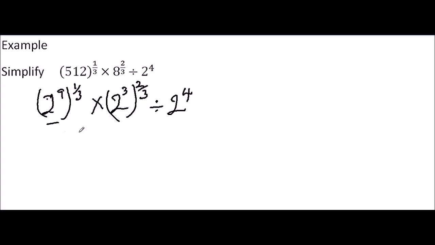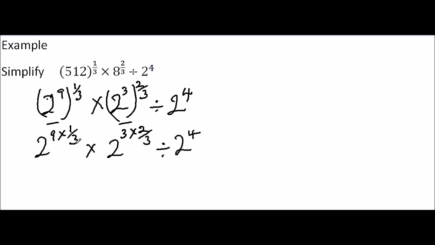Now here we can apply the third law of indices. We say this is 2 to the power 9 multiplied by a third, multiplied by 2 to the power 3 multiplied by 2 over 3, divided by 2 to the power 4.